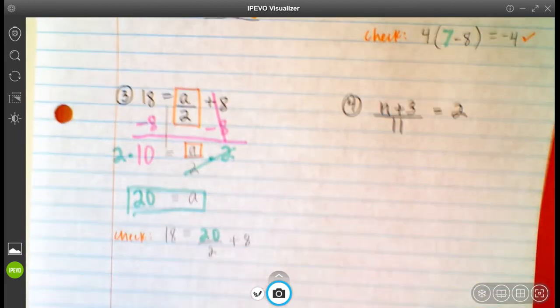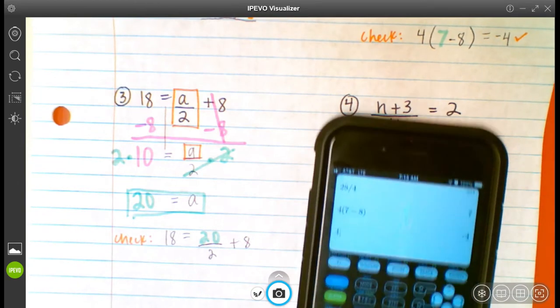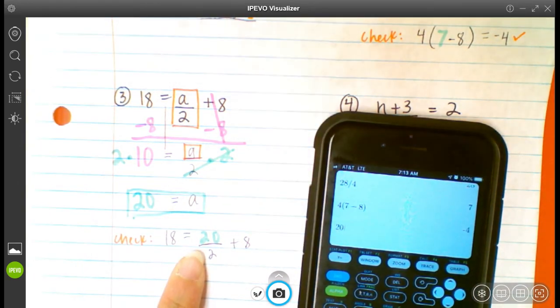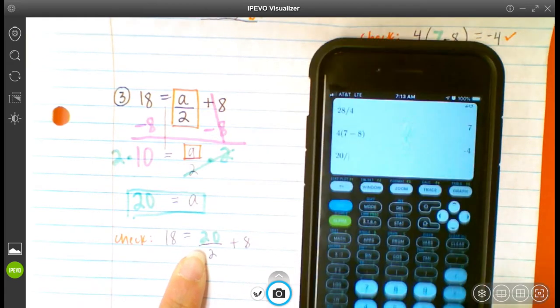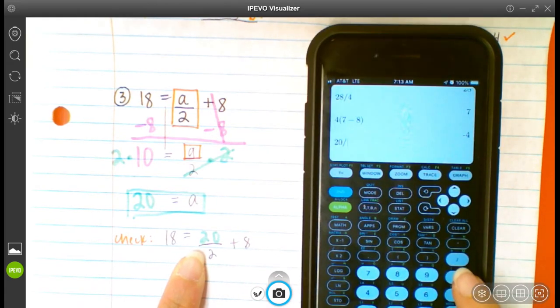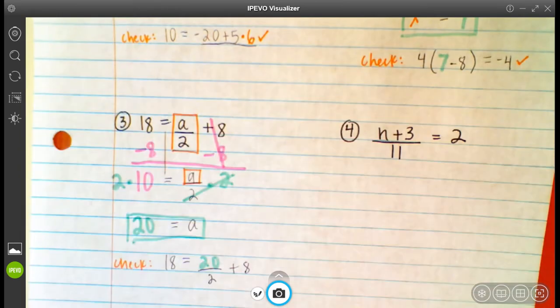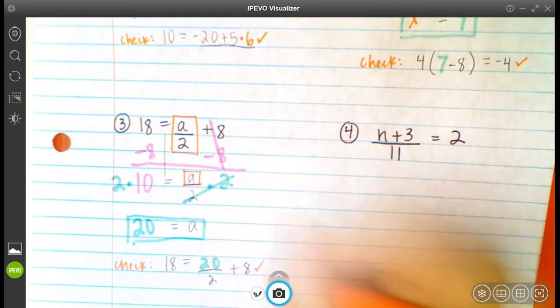If you really want to check your answer, take your 20, hit the divide button right here, divide by 2, and then plus 8. Let's see if that'll, yep, it gave us 18, which is what it should equal if that is the correct answer. So we're good.